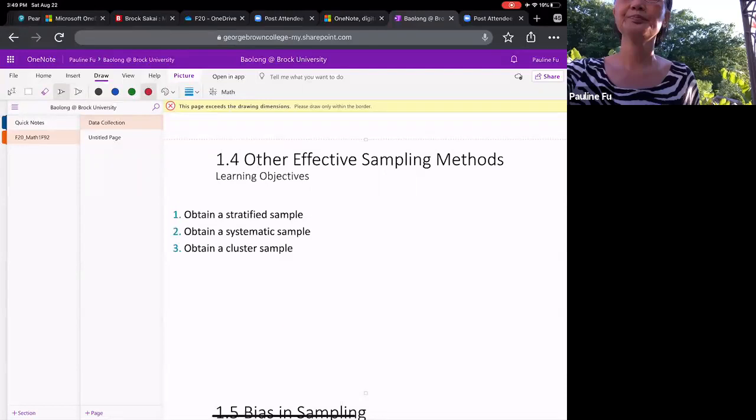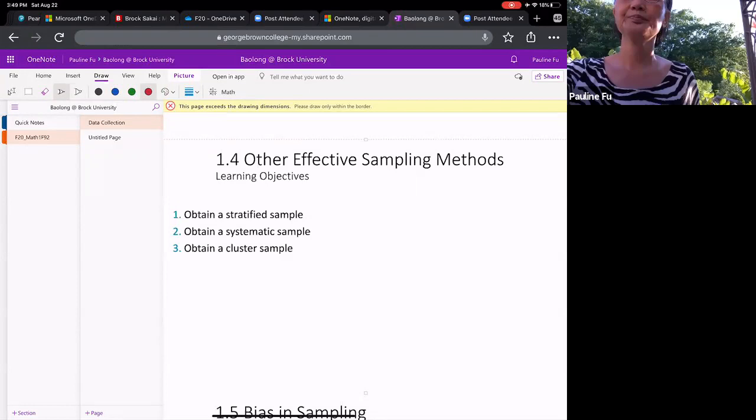Okay. Next one, cluster sample. A cluster sample is obtained by selecting all individuals within a randomly selected collection of groups.